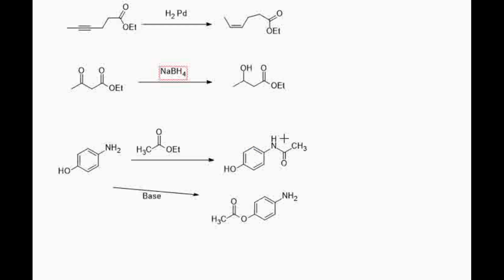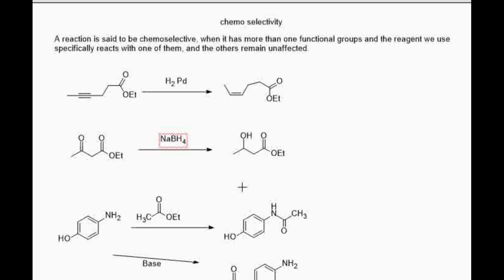So in normal case, amine is acetylated, but if we take base, we're gonna get anions, O negative as well as NH negative, and O negative will be formed fast because it is more acidic. So we will get a product like this. So this was all about chemoselectivity.